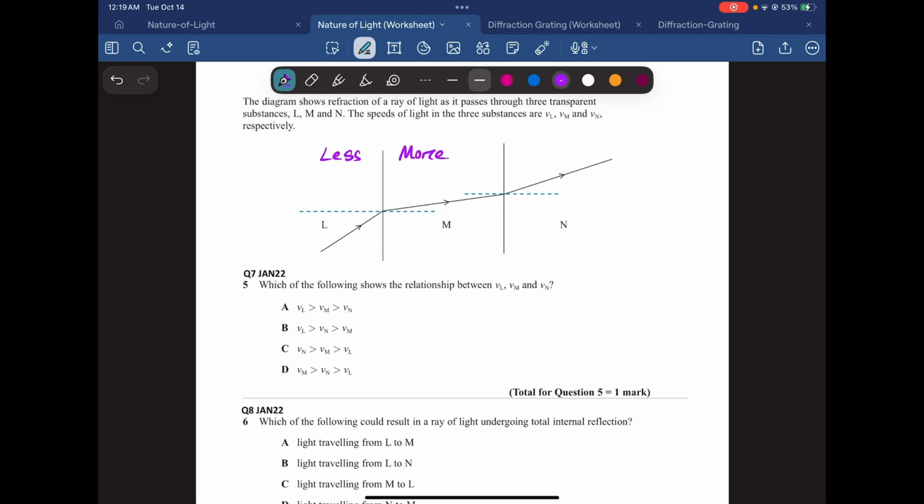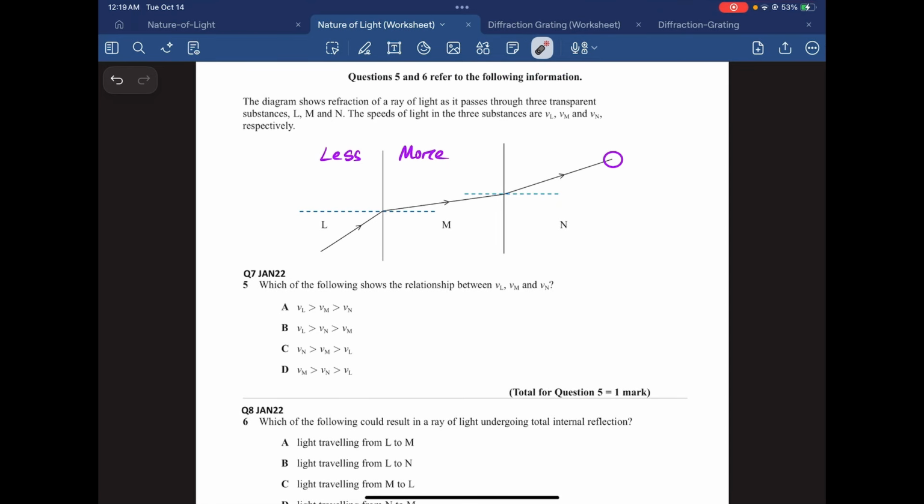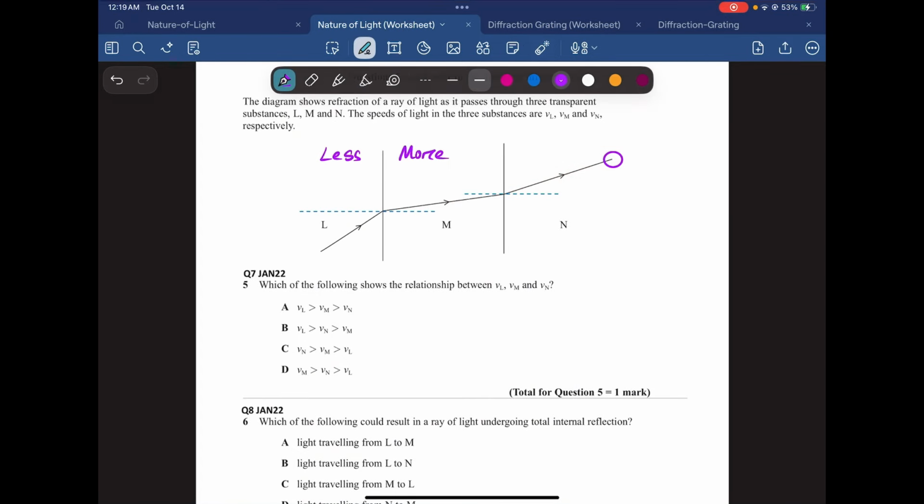And in the next position, the light has moved away from the normal. From here it should have gone like this, but it moved like this, so it has gone away from the normal. So we can say it has moved from more dense medium to a less dense medium.